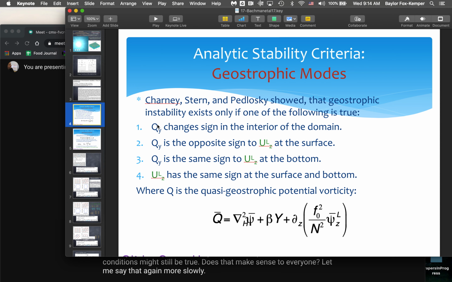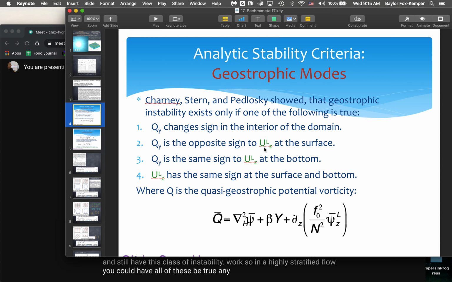This is about the sign of the potential vorticity gradient that governs whether geostrophic instability exists or can exist. Gradient, gradient, gradient. But I could have the potential vorticity be positive everywhere and still have this class of instability work. So in a highly stratified flow, you could have all of these be true.